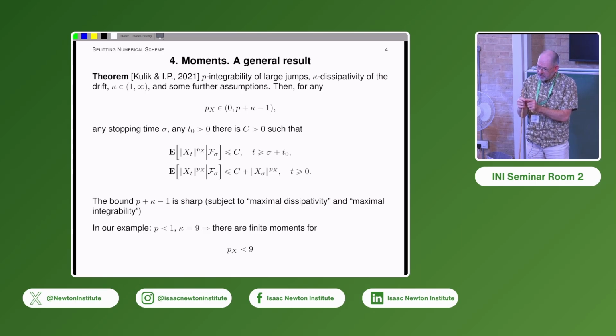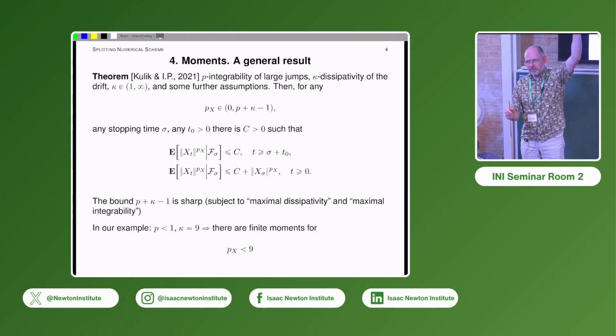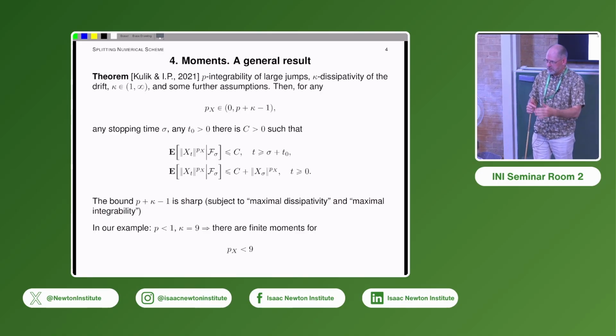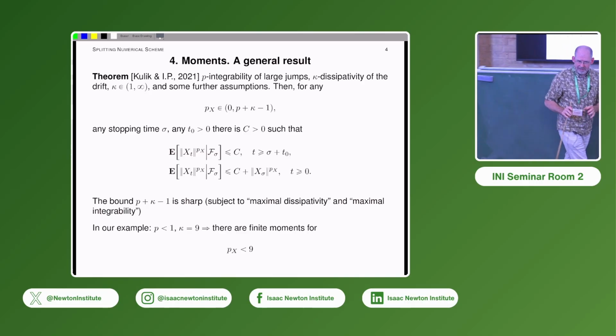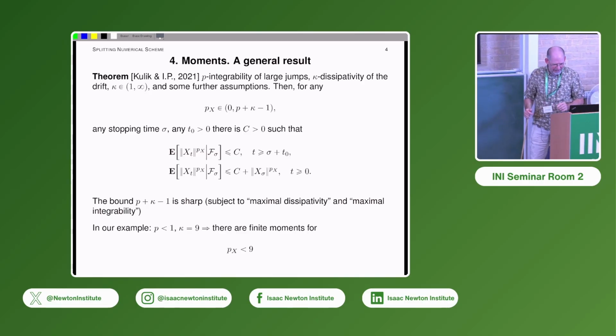So you can think the jump occurred a bit before, and after that, you had no jumps. And if you had a jump before, then you have a very strong drift, which drives you back to 0. So this is another naive argument, which explains why the first naive argument is not correct.